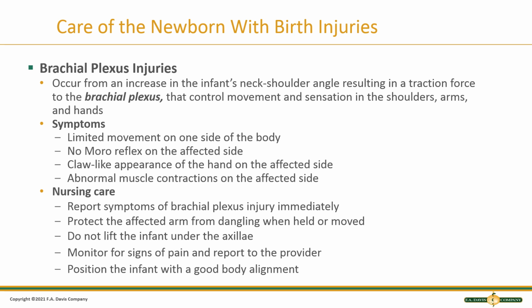Now we as nurses need to educate the parents on how to support the affected arm, for example with a rolled blanket when the infant's in the car seat or in the crib. So we need to educate the parents on brachial plexus.